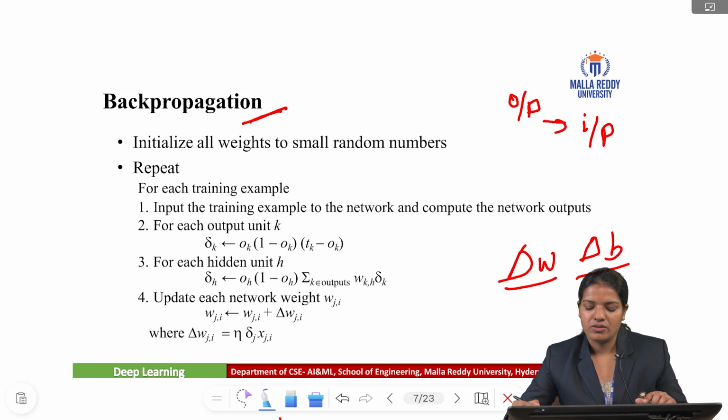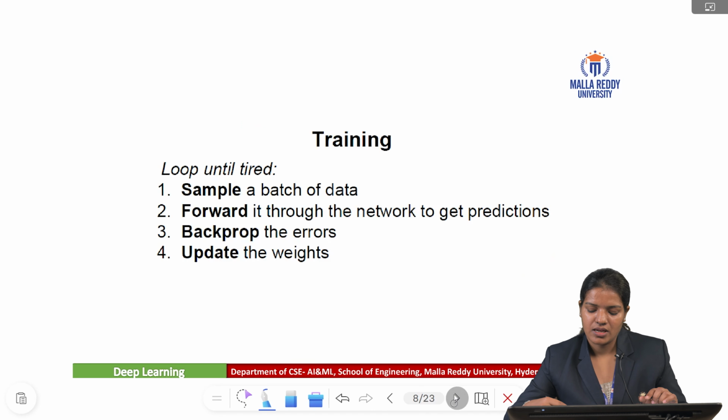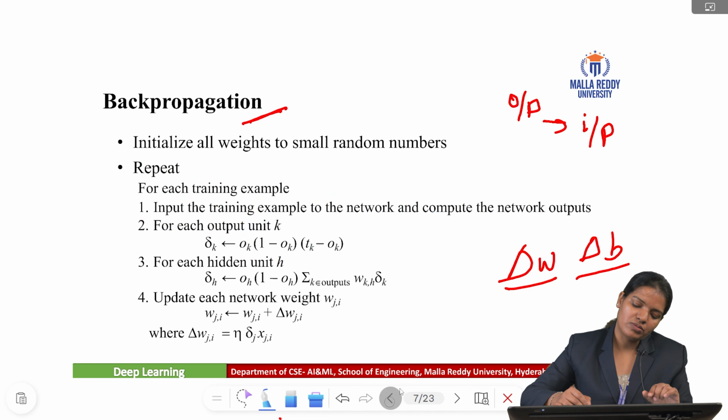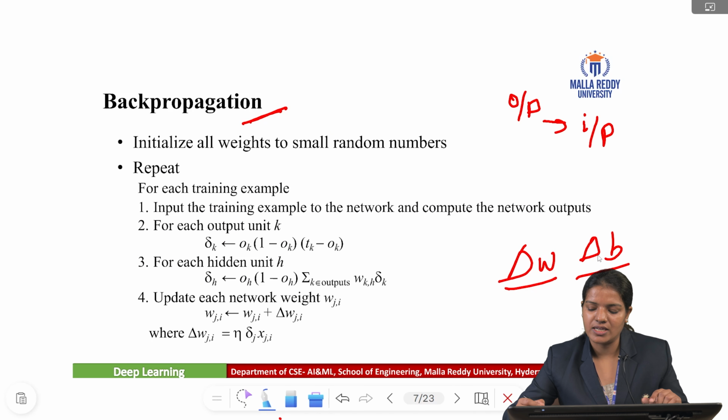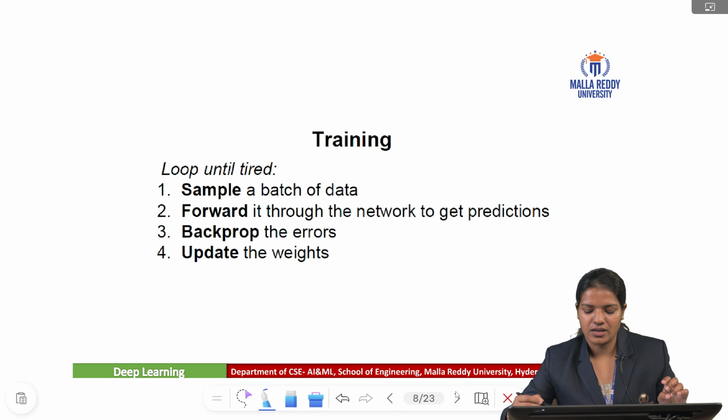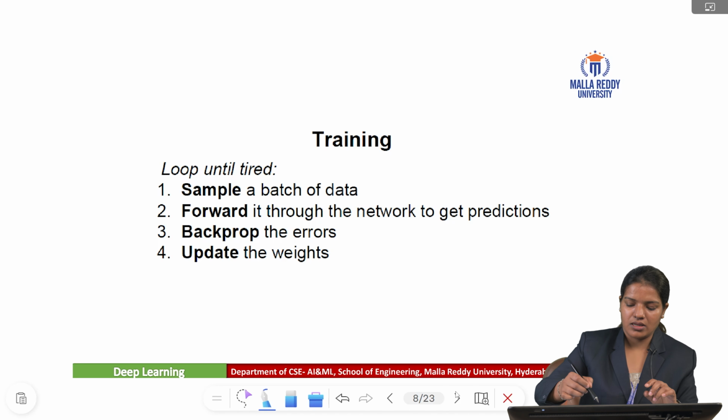After that, we will get and select different types of outputs and different types of weights and biases that provide the satisfactory output.